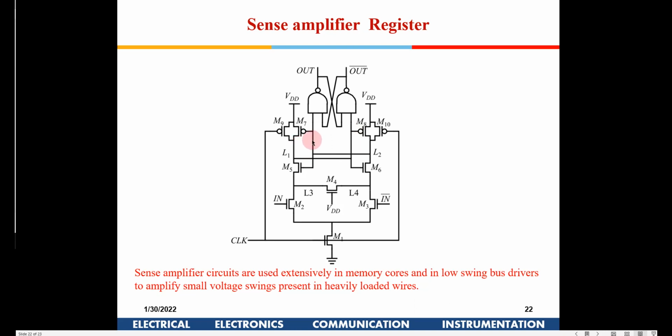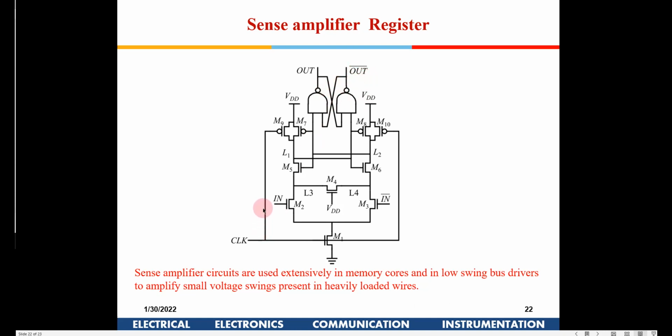If you remember from the previous class, if you give 1-1 here, it will retain the previous value. Unlike a NOR, where we can't give 1-1, with a NAND, 1-1 means it retains the previous value. So when the clock is low, the previous value is retained here.